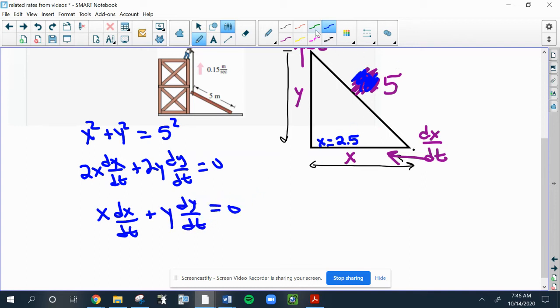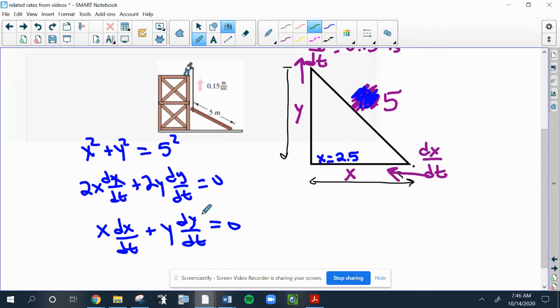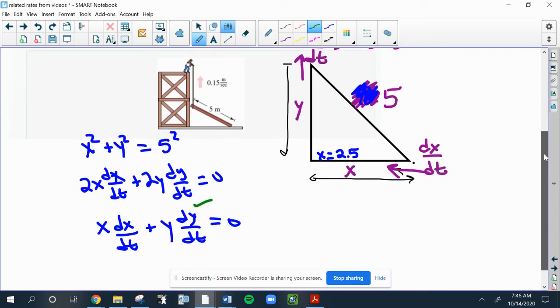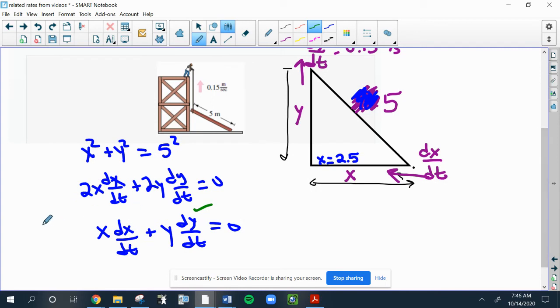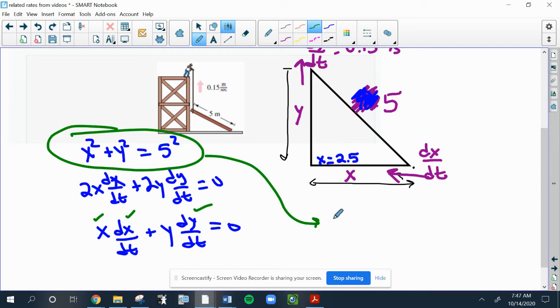Let's check out all of my knowns and unknowns. We know that dy/dt is 0.15. We know that x is 2.5. We know we're solving for dx/dt. We don't know y. So first we have to get y. But we need to find y exactly at this point when x is 2.5. So we can just figure out what it is based off that equation.